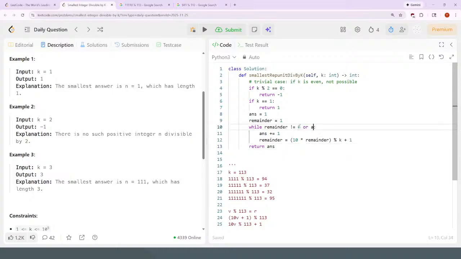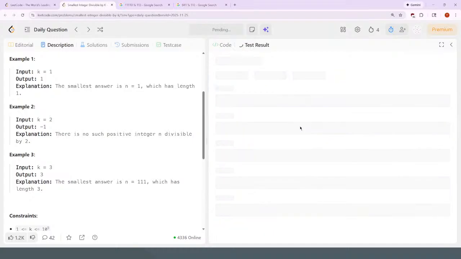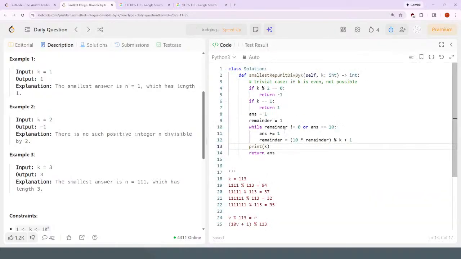Let's print out what case this is, that it's going past the bound.